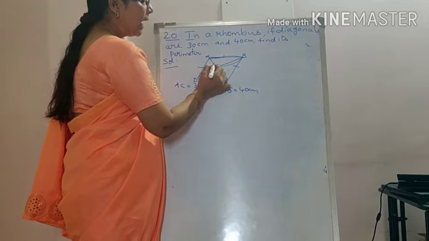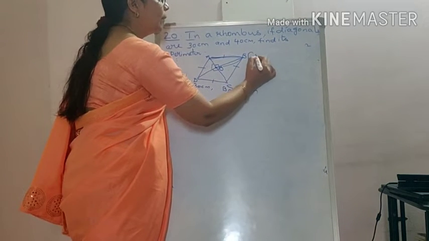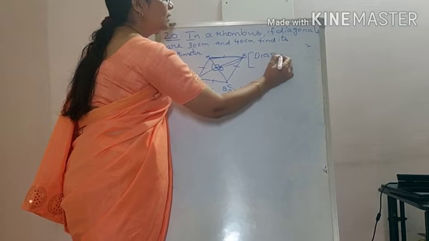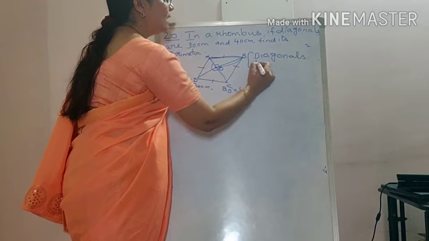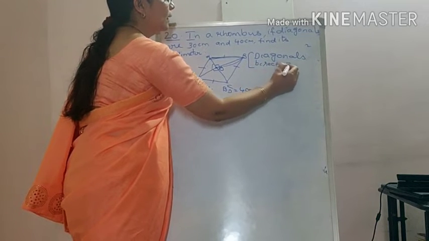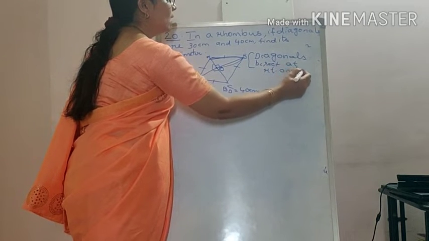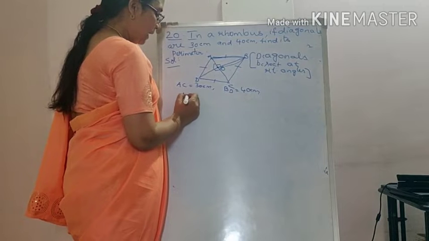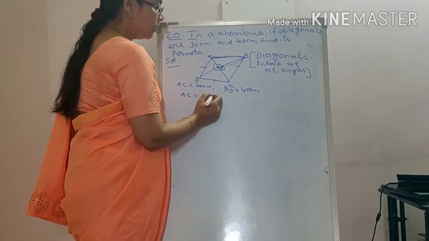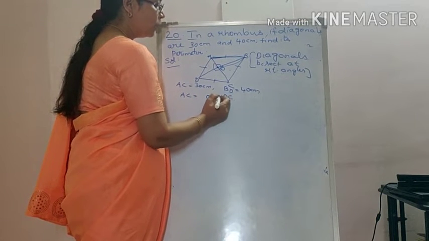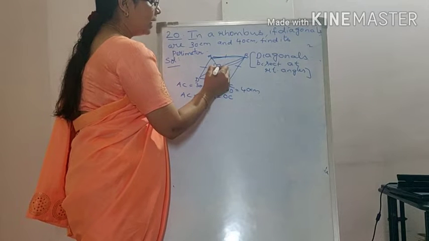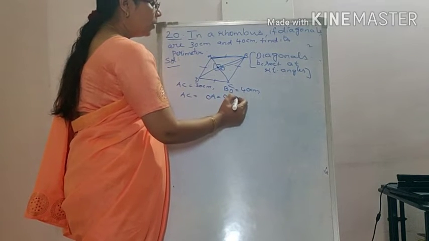Because the property, diagonals bisect at right angles, this means that the diagonal AC is divided as OA is equal to OC, making a right angle at this point. OA is equal to OC.